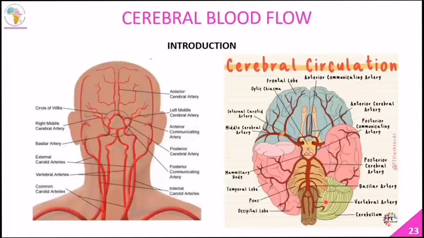And the internal carotids run on the anterior, the front part of your neck. As you can see in this image, the internal carotid runs along the internal part of our neck. We have the right and we have the left, same on this image.